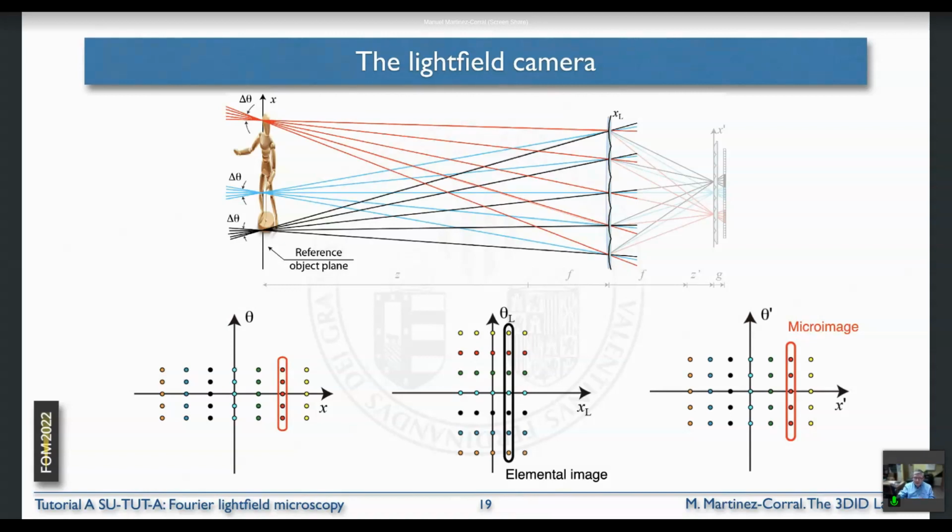So in fact, the Plenoptic camera, the Lightfield camera, is making something quite similar to the integral imaging system, but in a different way. So the Plenoptic camera provides us the same information as an integral imaging system, but let's say in 2 steps. Then we need to capture and then to rotate. So now we have here the elemental images as we had before.